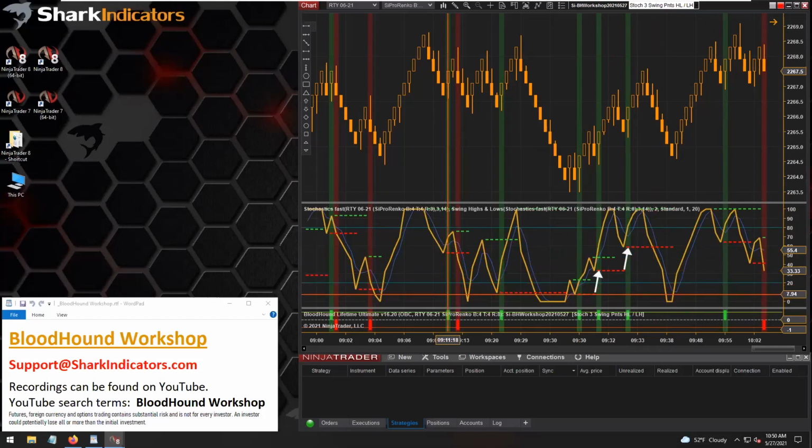Interesting. I wonder if this is maybe a Ninja issue or something, but I'm noticing we put an arrow on here, right? We do have a long output here. And so our swing low plot stopped right there.